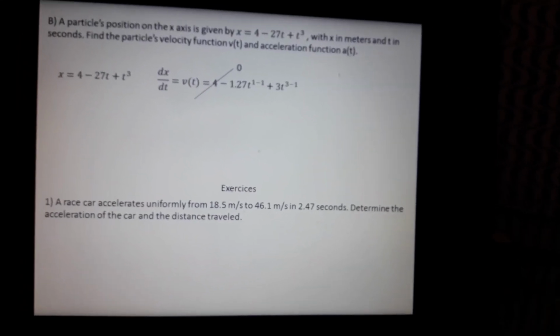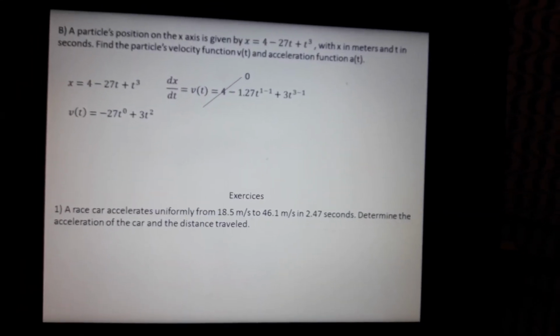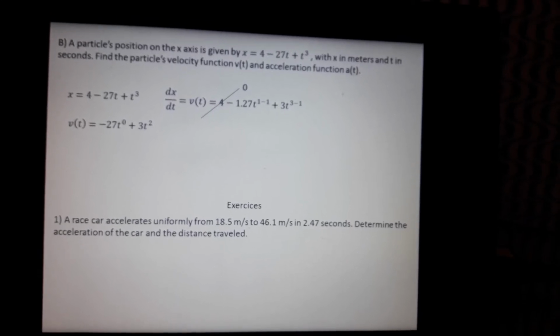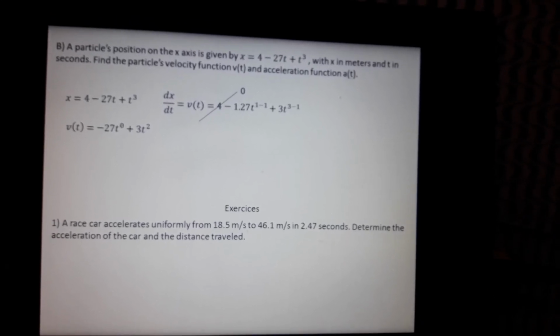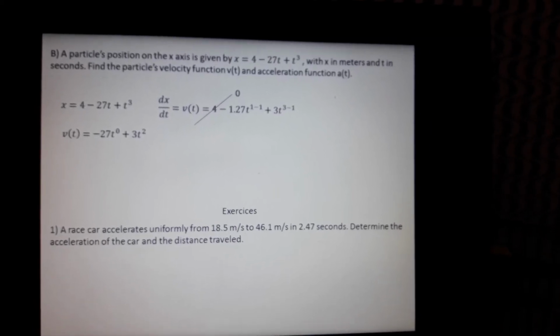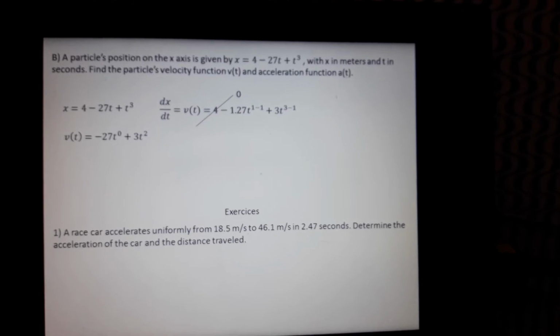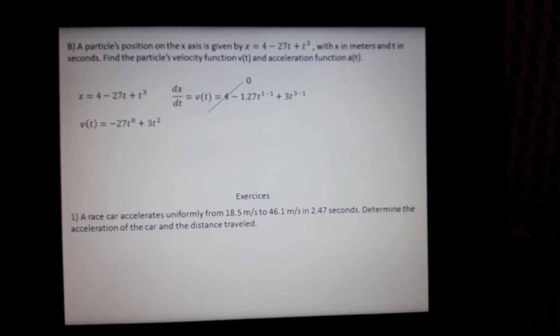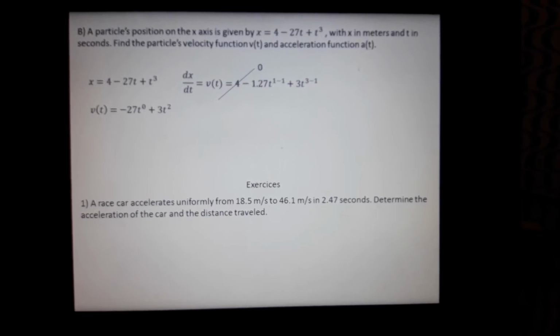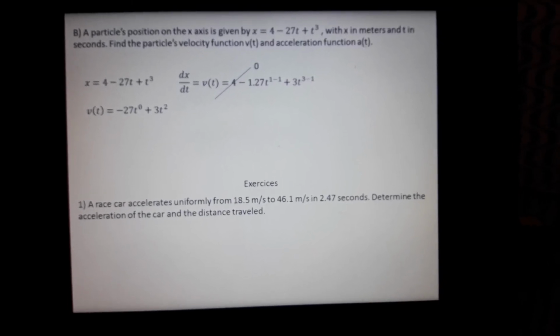So we have minus 27 t to the power 0 plus 3 t squared. We have a power of 0 and a power of 2. Any number or letter raised to the power of 0 is 1.